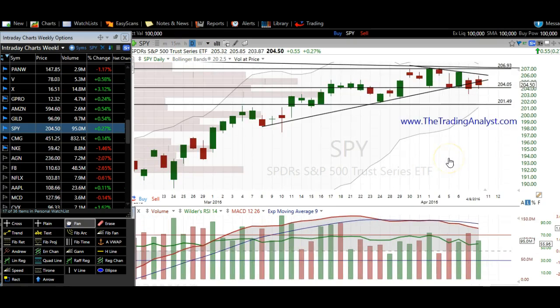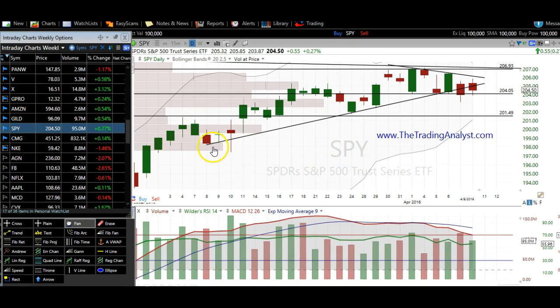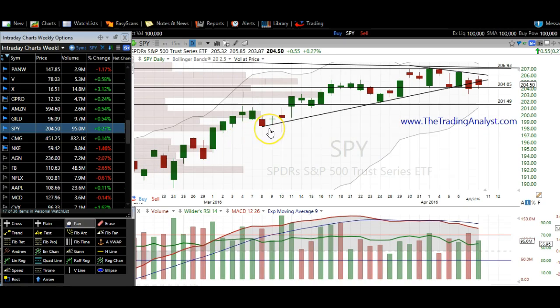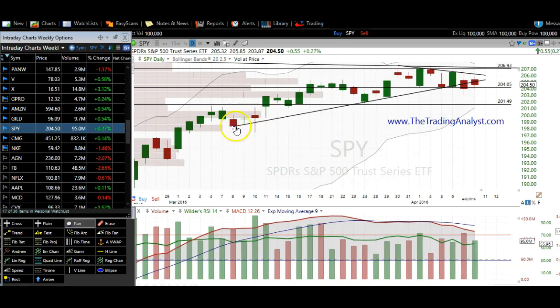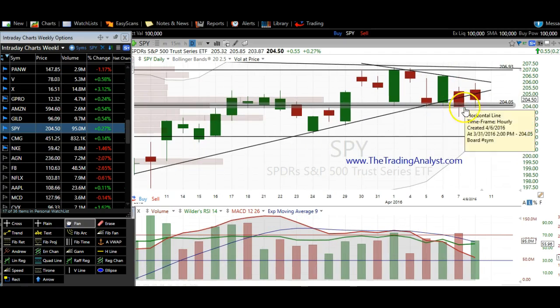Switching to the daily time frame here, we've got the uptrend line that's been valid since early March. We've got several touches here, here, here. We bounced from it, and then we finally broke through it, closed below it rather, on Thursday's trading session, and then we have another day where we closed below this trend line on Friday.